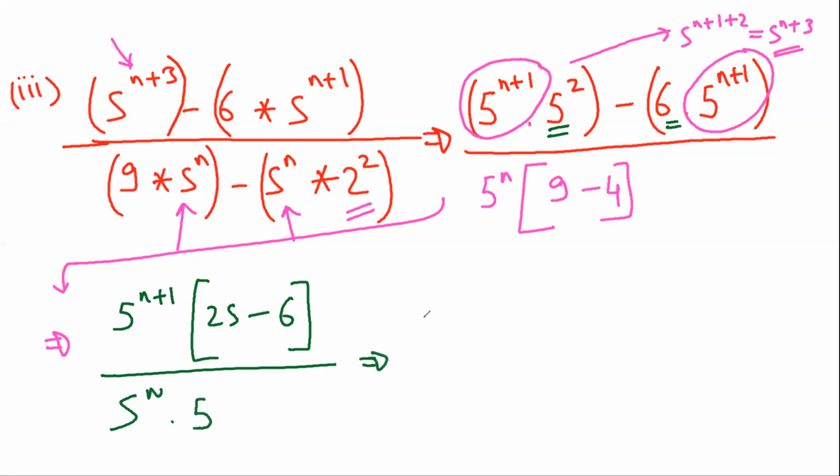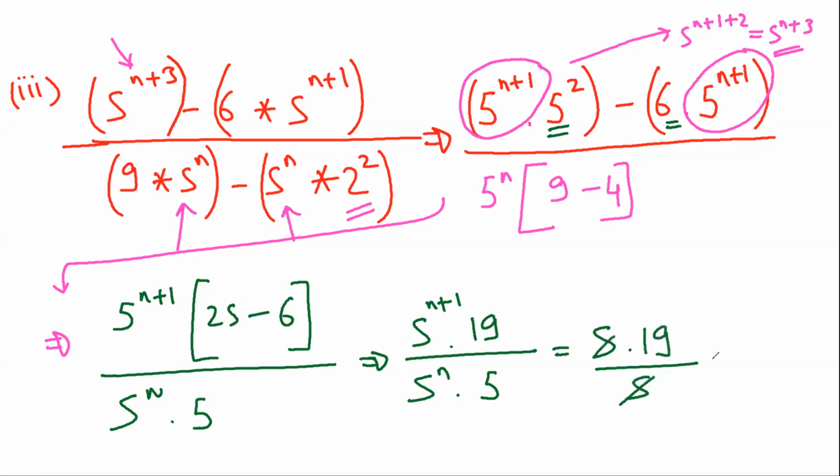So this is 5 raised to power n. 25 minus 6 is 19, upon 5 raised to power n into 5. This would be equal to 5 raised to power, this is n plus 1 minus n. So this would be 5 into 19 upon 5. So the final answer would be 19. This is the final answer.